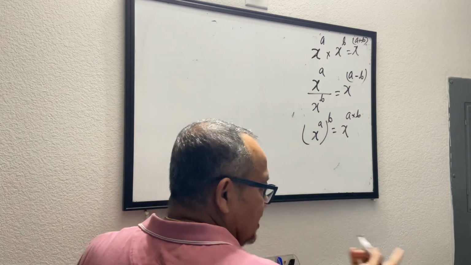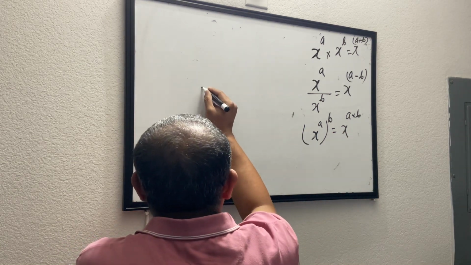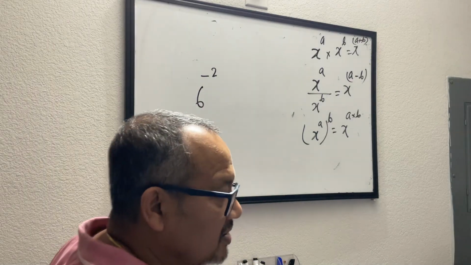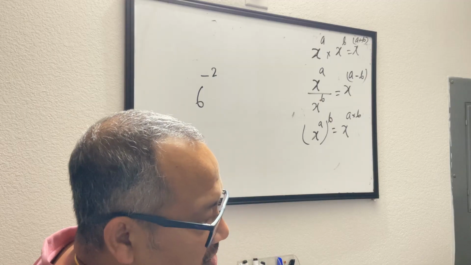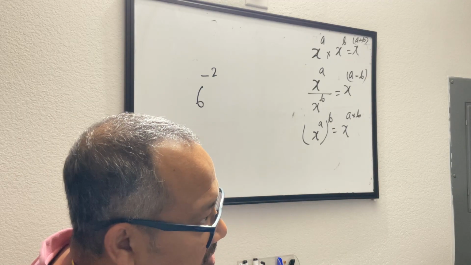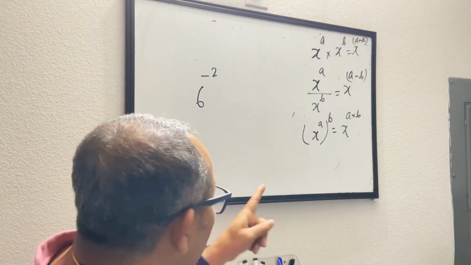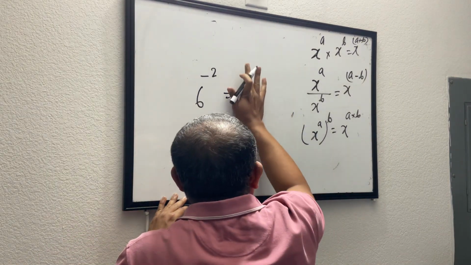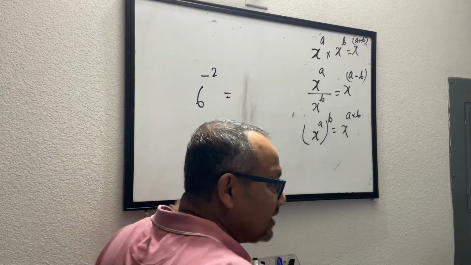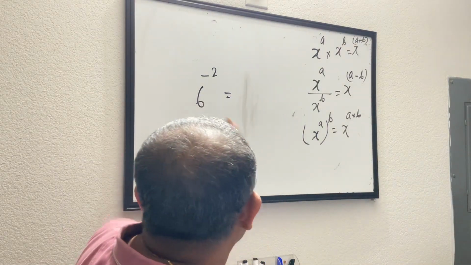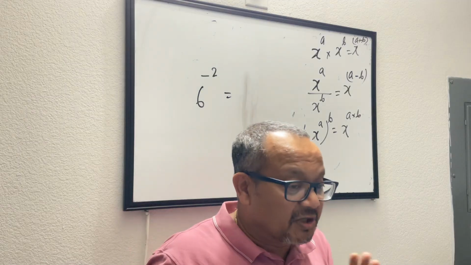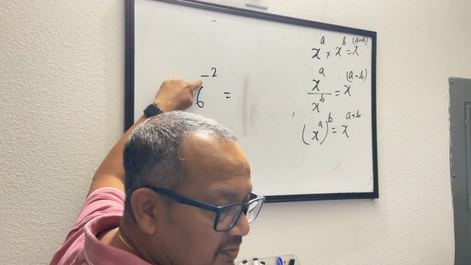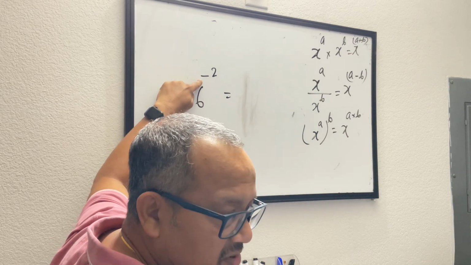So let's say, if I say 6 to the power minus 2, it's 1 over 6 squared. Yeah, you're right with what it is, but whenever somebody talks about negative exponent, you are actually talking about an exponent or the power as a negative number.